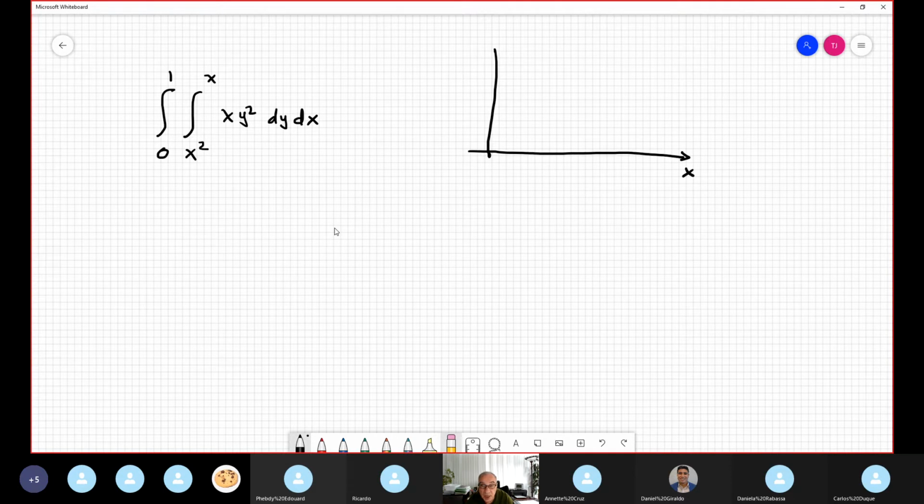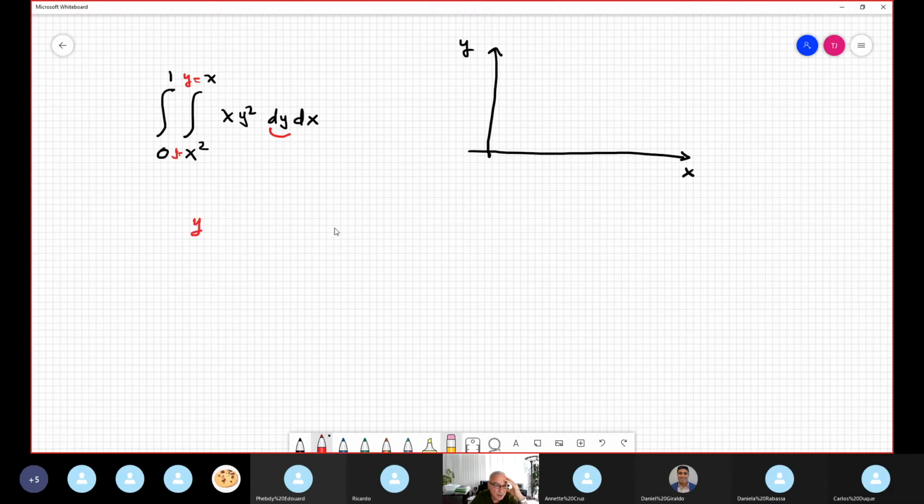Not now, after. You can see that the students or the professor or the people who set out this integral integrate first with respect to y.